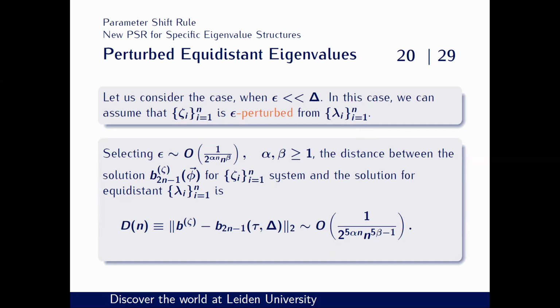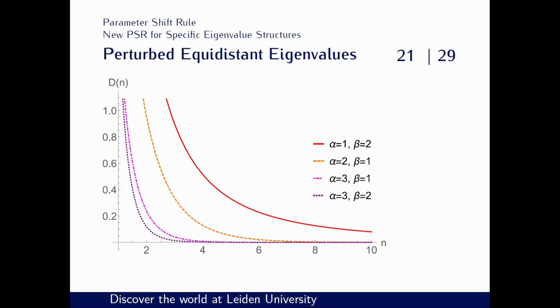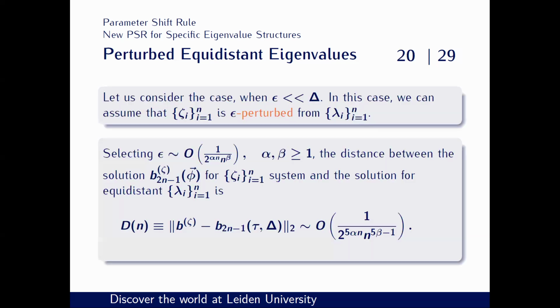And just a bit to illustrate how it works, the plot. If you select different alpha and beta, you get different epsilons. Of course, the smaller your alpha and beta are, the bigger epsilon you can tolerate. So your system is getting more robust to the noise, but the distance is also increasing.